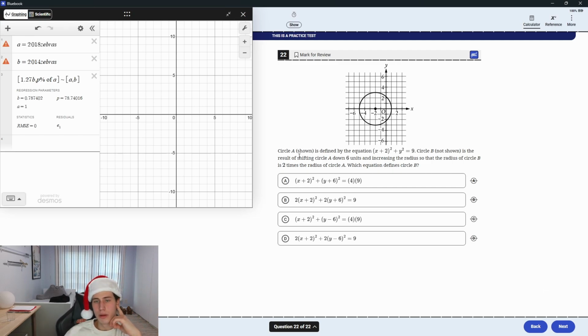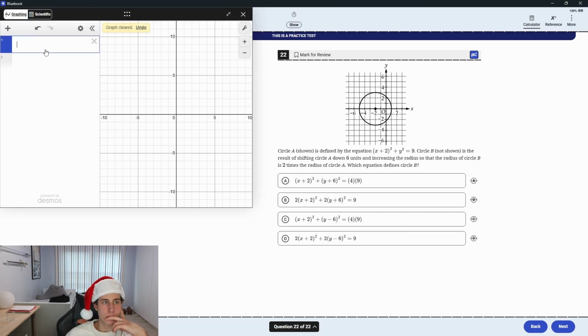Alright, circle A is defined by the equation (x + 2)² + y² = 9. Circle B is the result of shifting A down 6 units and increasing the radius so that the radius of circle B is 2 times the radius of circle A. Which equation defines circle B? So, let's find circle A first.